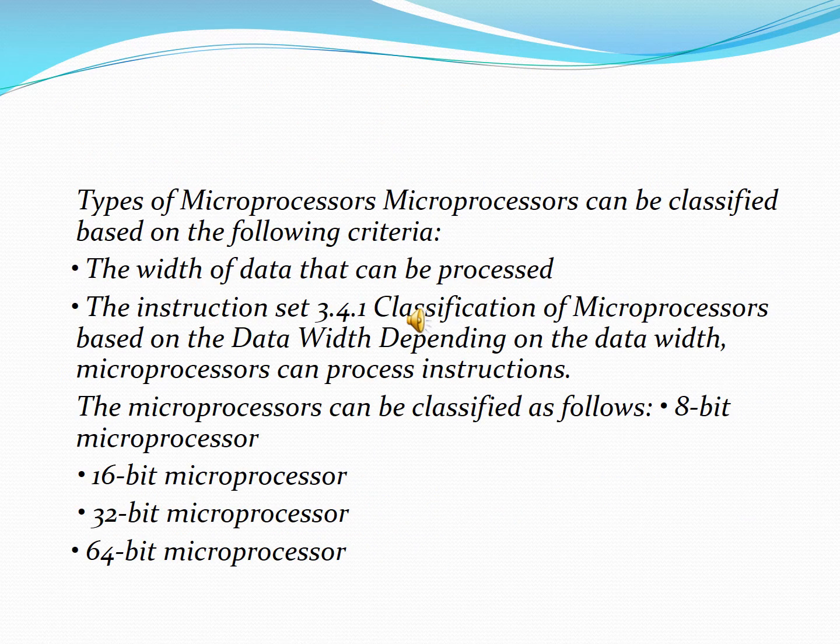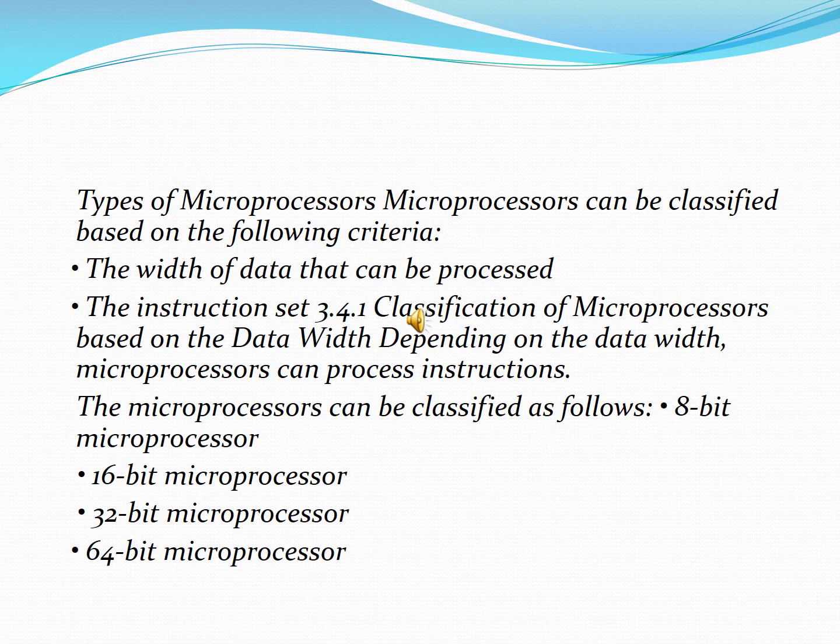Okay, next topic, types of microprocessor. Microprocessors can be classified based on the following criteria: the width of the data that can be processed, and the instruction set.